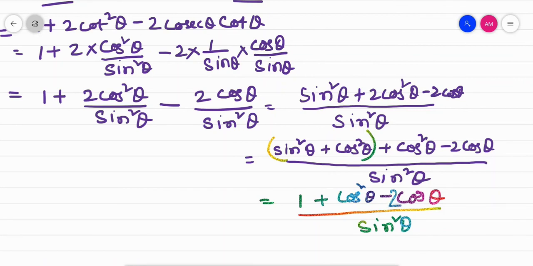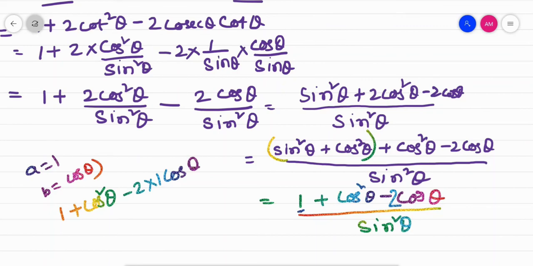Now, 1 plus cos square theta minus 2 cos theta: isn't it showing a square plus b square minus 2ab? If you take a as 1 and b as cos theta, then a square is 1, b square is cos square theta, minus 2 into 1 into cos theta, isn't it coming? So isn't it a minus b whole square?